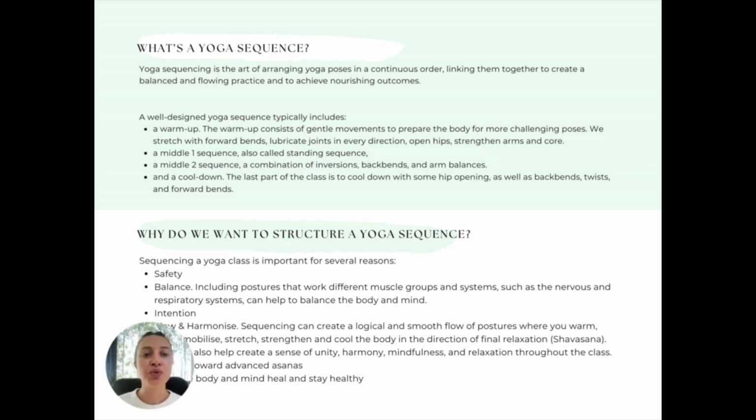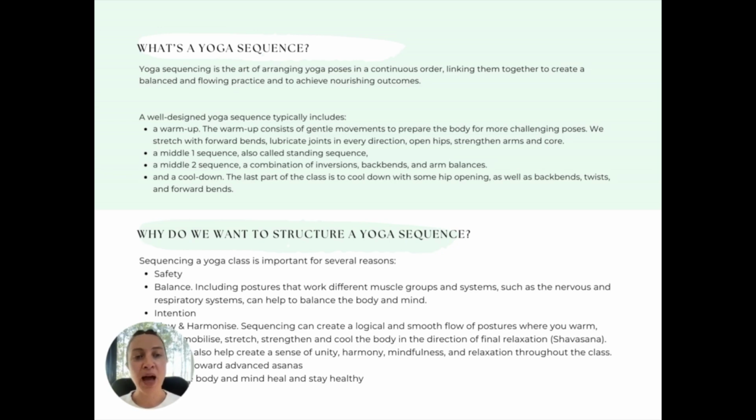Why do we want to structure a yoga sequence? Sequencing a yoga class is extremely important for several reasons. Safety first, always. Balance: including postures that work different muscle groups and systems, such as the nervous system and the respiratory system, can help to balance the mind and the body. The intention, very, very important when you come into a class.